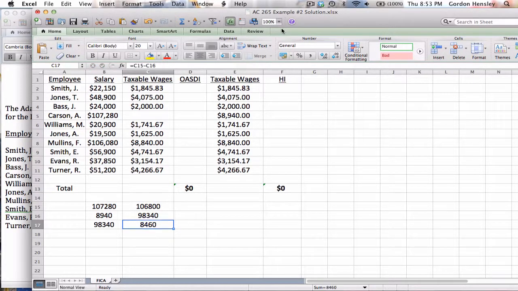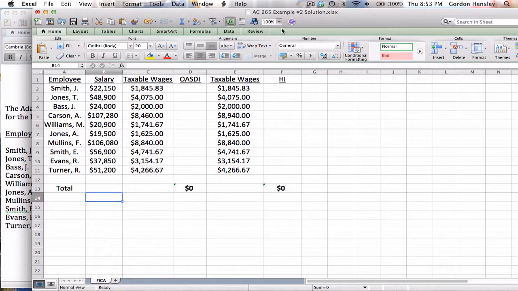So that means this person is only $8,460 away from hitting that cap. So $8,460, that's the amount that I want to use up here in the problem. So that's the one exception in this problem. That's the one catch, and that's probably the most difficult thing about working this particular problem.